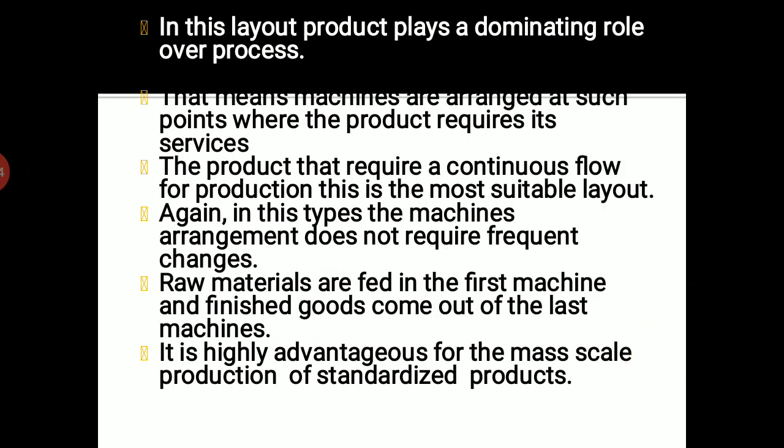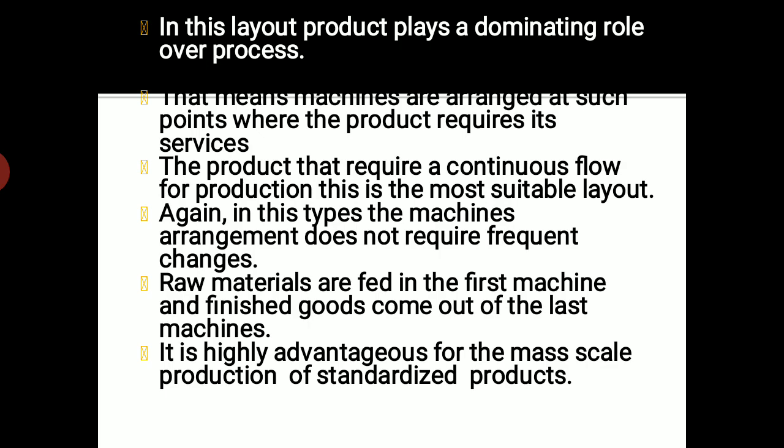Now a few more points. In this layout, product plays a dominating role over process. I told you just a couple of minutes before that product is more important than anything else. Here the process is not important, product is important. It plays a dominating role. That means machines are arranged at the point where the product requires their services.